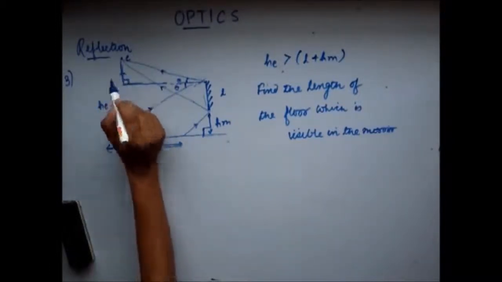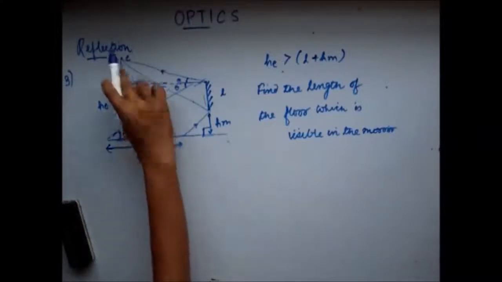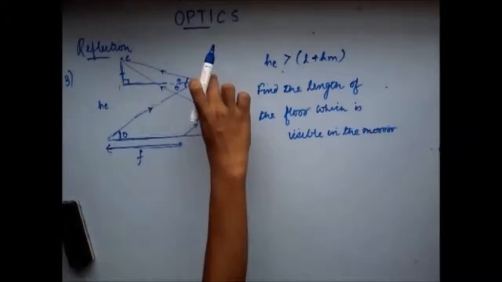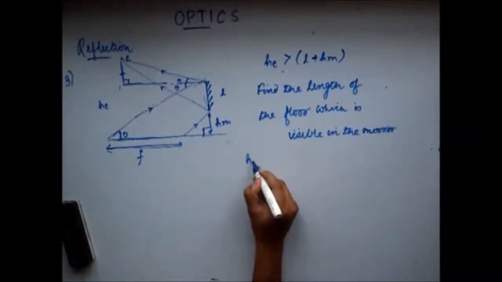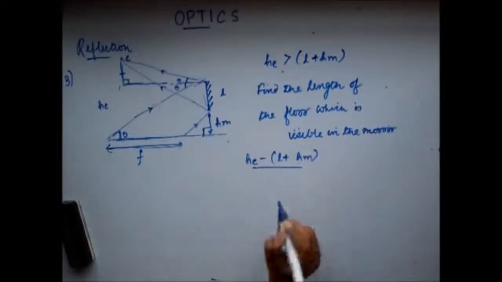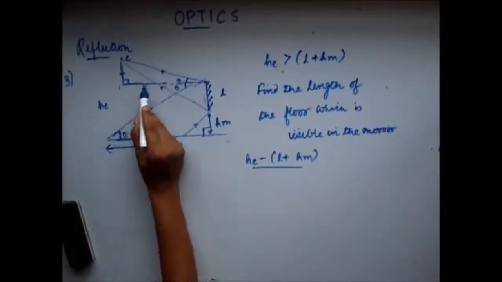So what is this height? This whole height is HE. HE minus this height, and this height is L plus HM. So HE minus (L plus HM) is this height. And what is this distance?